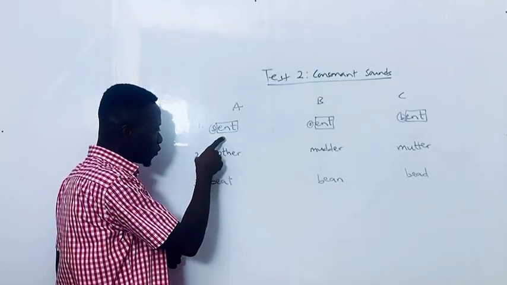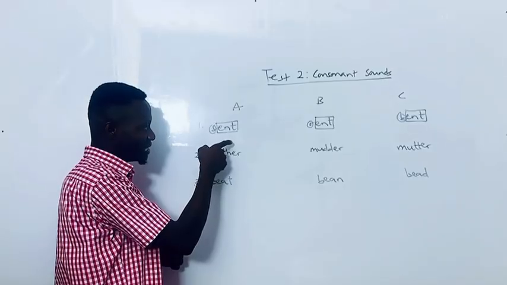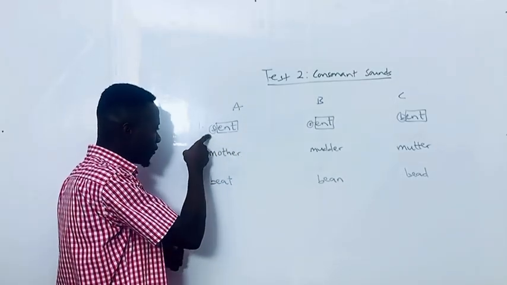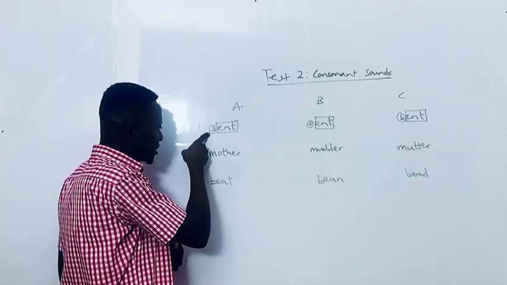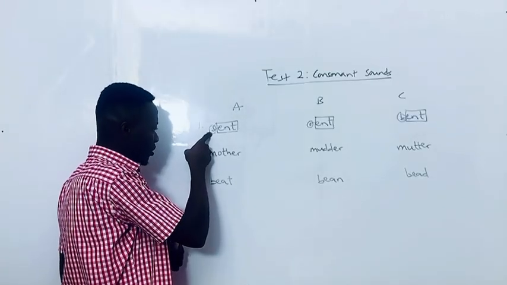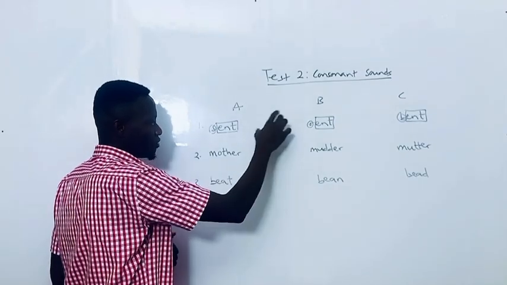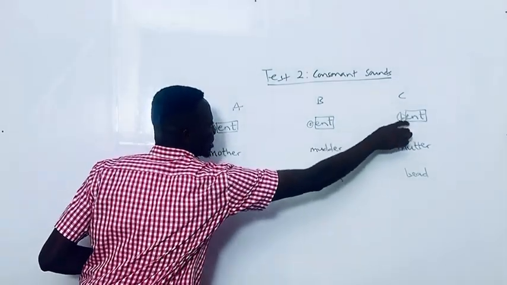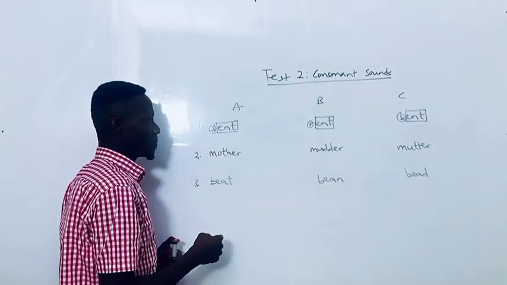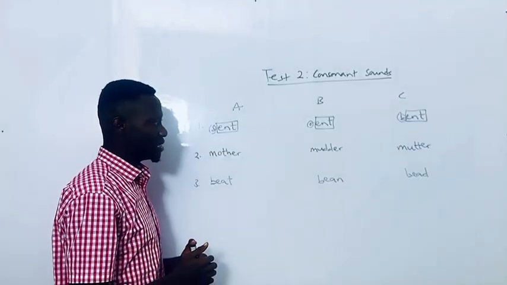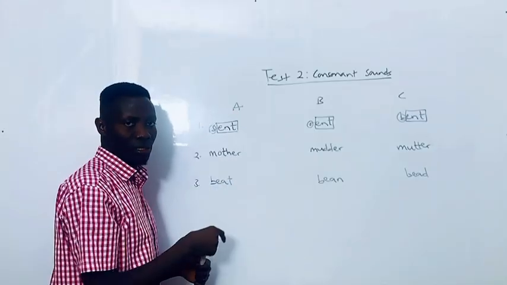So you are not supposed to focus on the end because it is the same as far as each option is concerned. You have to consider or focus on what makes the options different. So this one makes this different from the rest. This makes this different from the rest. And this one also makes this different from the first 2. So suppose that the speaker says bent. We're going for the last option.